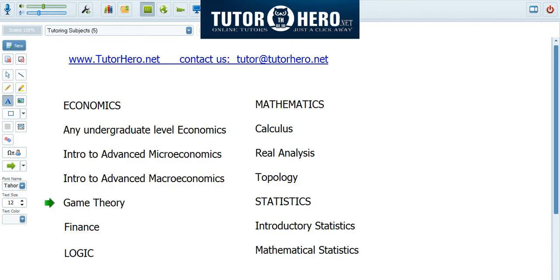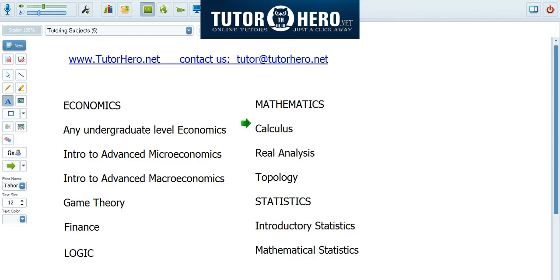I know that a lot of students struggle with the different way of thinking that game theory puts them into. And so I've had a lot of experience helping students to understand the mindset of game theory and how to approach that. I also offer tutoring in finance, which some people take in a business school setting, other people take in an economics setting. Whichever setting you're coming from, I can help you with that.